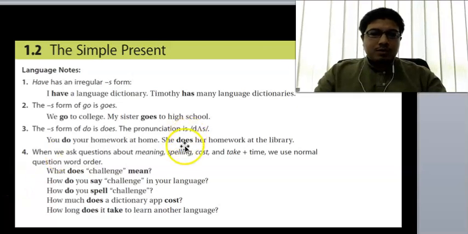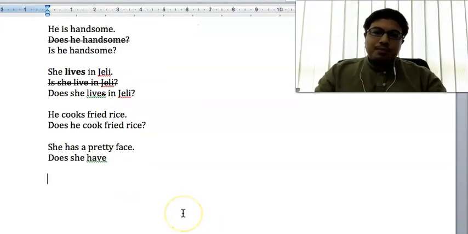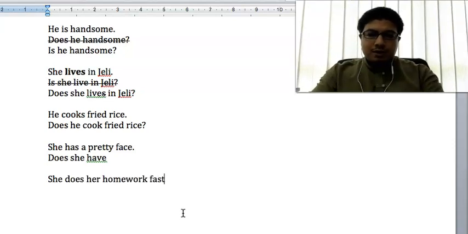The same goes to the verb do and does. So for example, she does her homework fast.